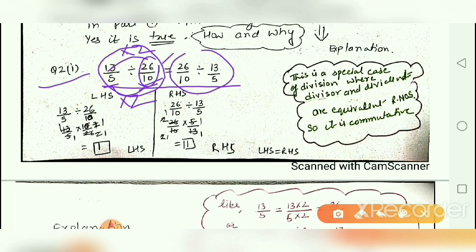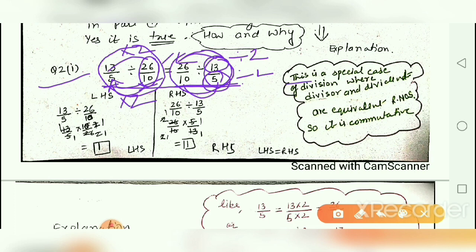So this divisor is the equivalent rational number of the dividend. And on the right hand side, if we divide 26 by 2, we get 13 as the answer, and 10 divided by 2, we get 5. So 13 by 5 is also an equivalent rational number of 26 by 10.